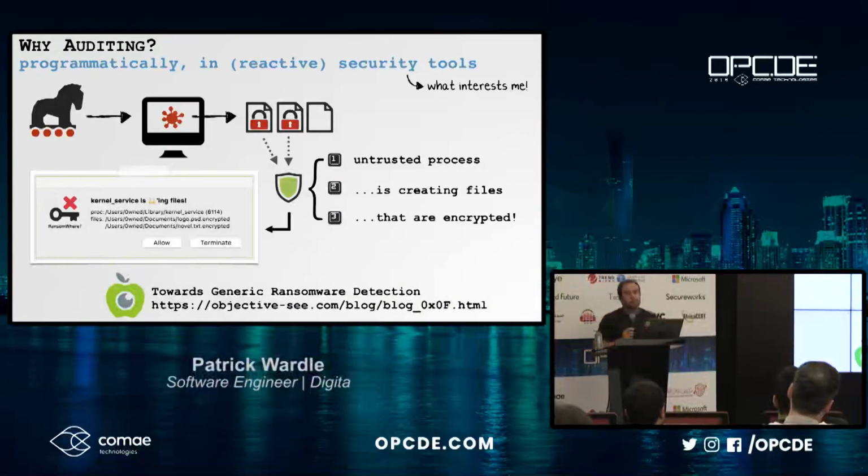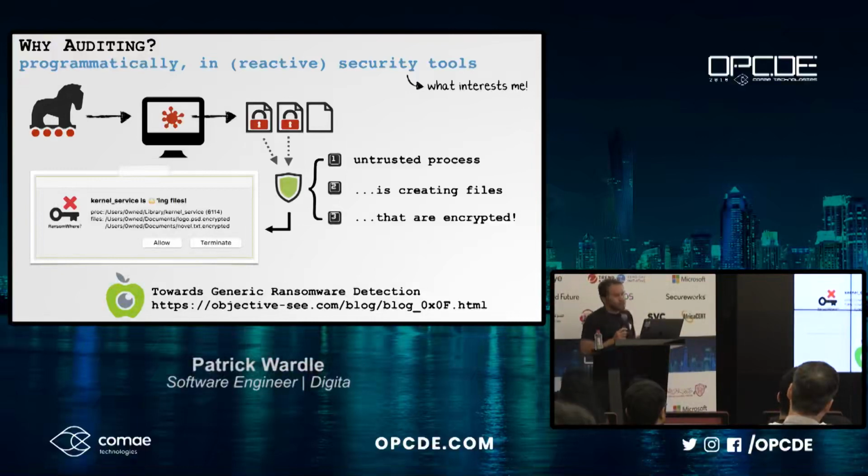Now, more interesting to me, though, is using the audit subsystems to create security tools. For example, and we'll talk about some other tools later, I wrote a simple utility that's able to generically detect ransomware on macOS. All the tool does is look for the rapid creation of encrypted files by untrusted processes. This is basically something that ransomware does.